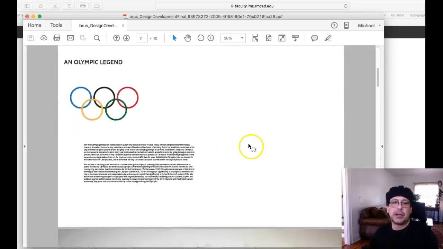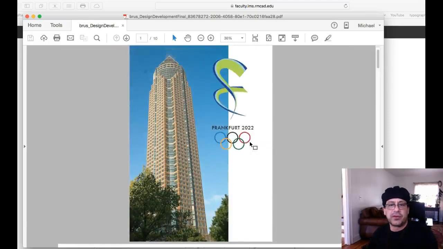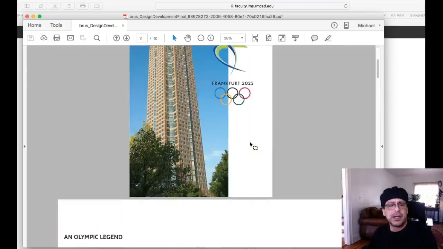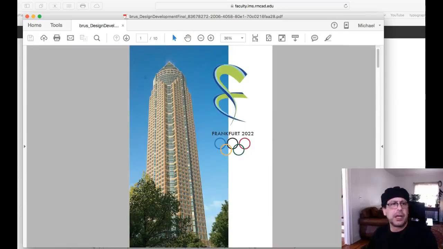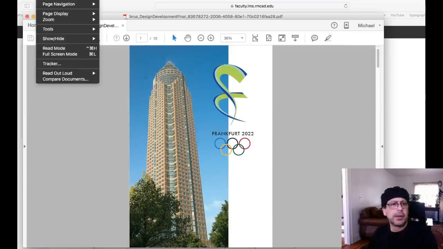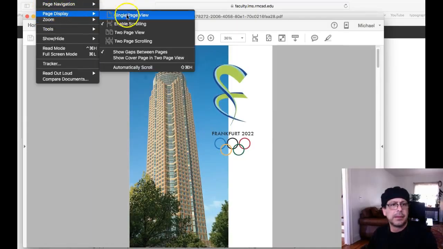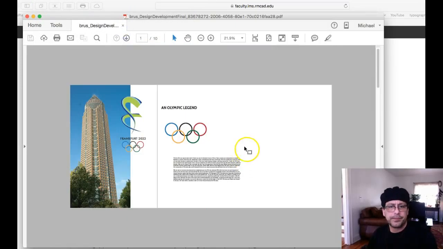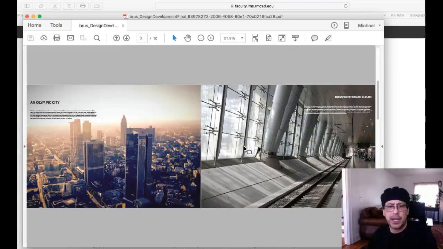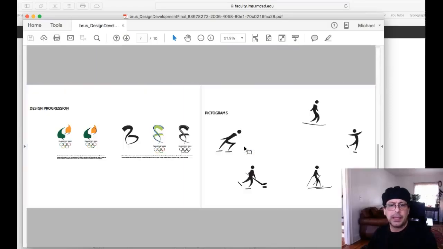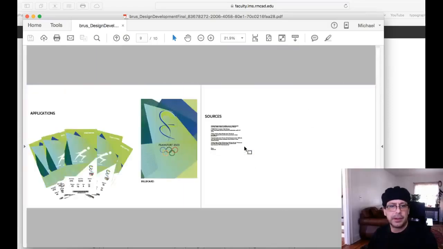So this page here, immediately we scroll to the next page. I'm wondering if this is a two-page layout. Hold on one second. It is, isn't it?